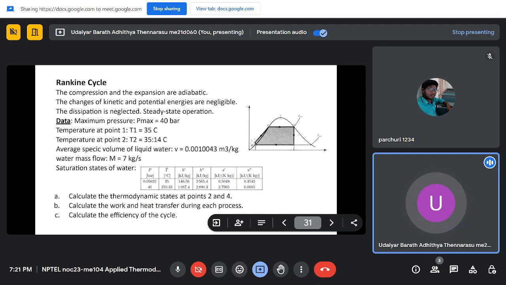If you have a chart, you can calculate 2 directly, but in this case we don't have one. But what other detail we have is, we know the specific volume of the liquid, and we also know the pressure difference, the maximum and minimum pressure in which the pump is operating.